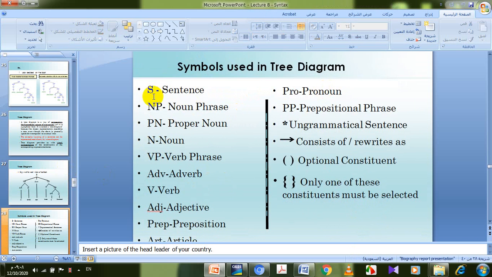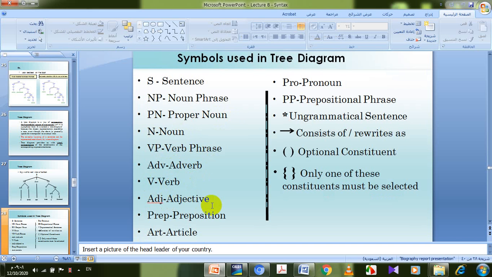These are the symbols. S, sentence. NP, noun phrase. PN, proper noun, like Ahmed, Khalil, Samir. N, noun. VP, verb phrase. Adv, adverb. V, verb. Adj, adjective. Prep, preposition. Art, article. Det, determiner.